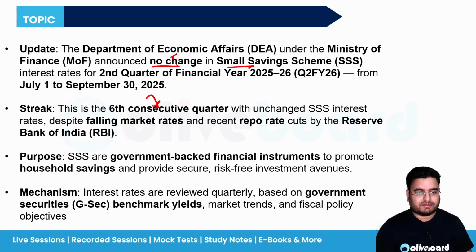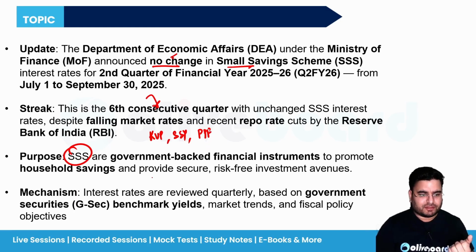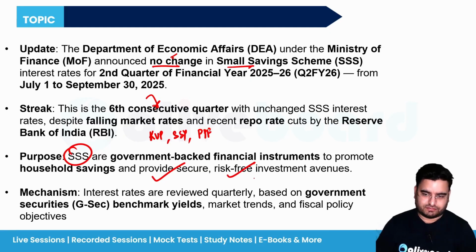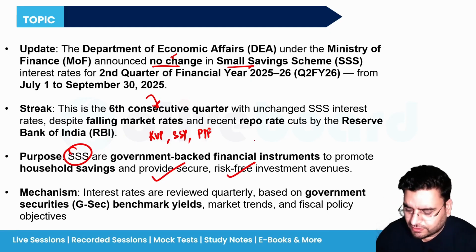Reason? What was the purpose of small saving schemes? First of all, to promote small saving habit in people. So it can be, for example, Kisan Vikas Patra, the Sukanya Samriddhi Yojana, then we have the Public Provident Fund. These are what? Small saving schemes. Clear? So it provides secure, risk-free investment avenues. Clear? So remember this thing.